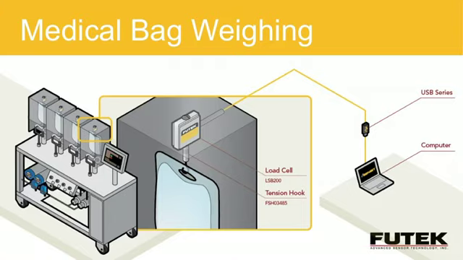But the first one that we're showing here involves basically medical bag weighing applications, which is very common in our industry, and the LSB200 is the load cell of choice, primarily because of nonlinearity, working range, and mechanical overload stops. In this particular case, I've got two potential considerations.